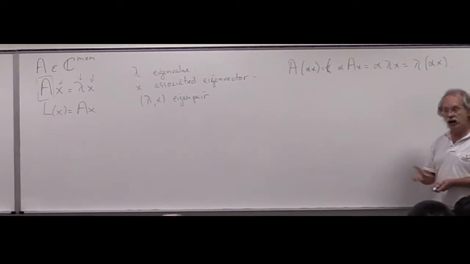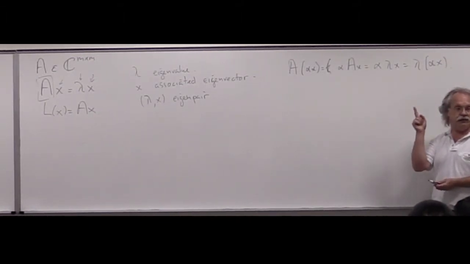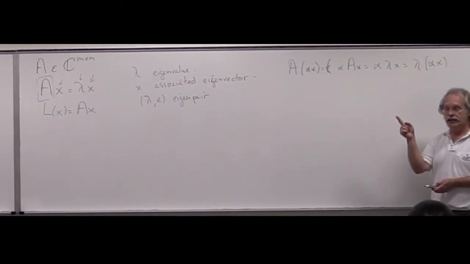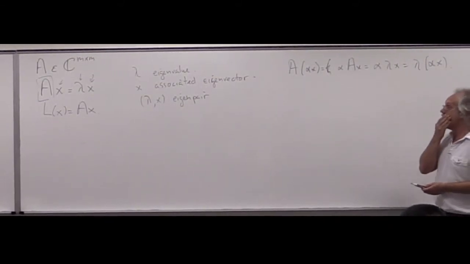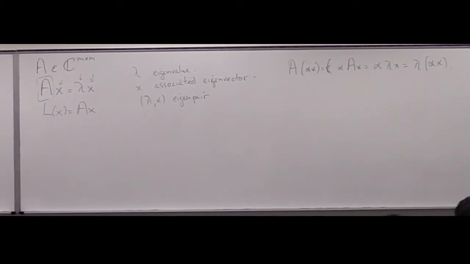Right. And this is because we're interested in the direction in which the operator acts as if it is a scalar. It's a direction, it's not a length associated with it. All right? Good, we've got that.